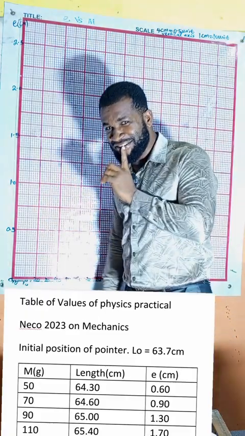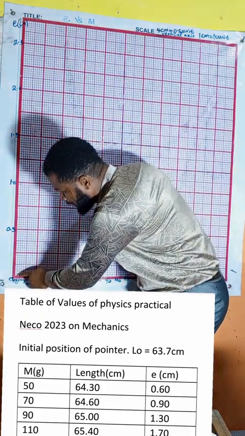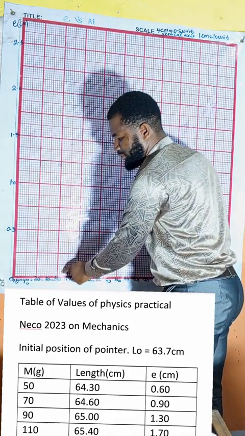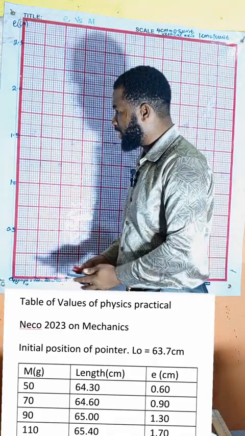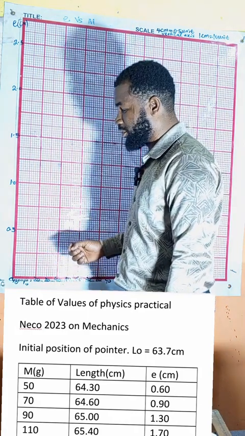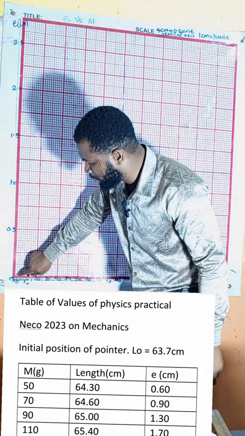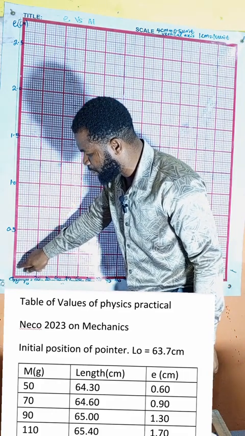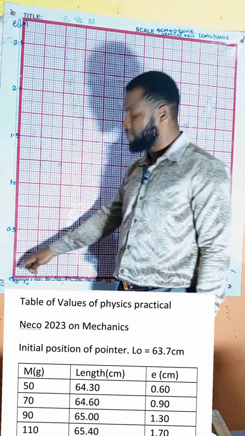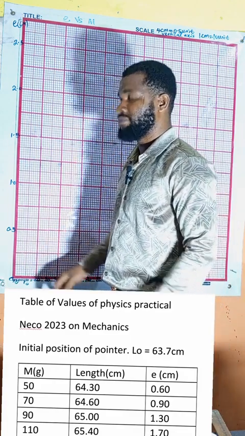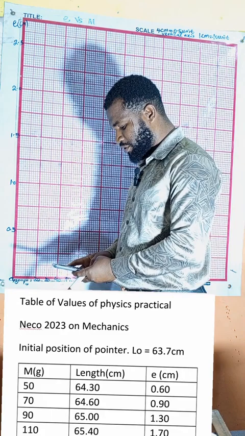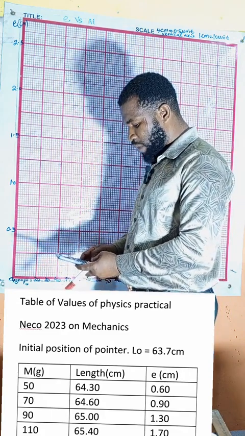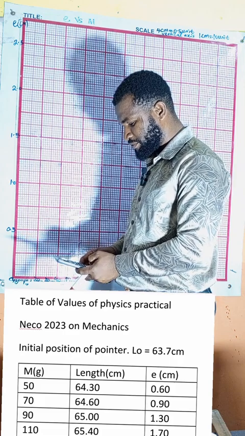Okay, now let's look at this. This is the vertical line, and this is the horizontal line. Now remember what we said. On the vertical, one line represents 0.025. So if you want to find 1, you are going to say 1 divided by 0.025.